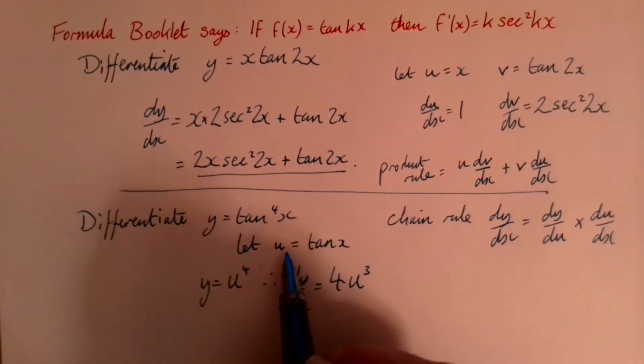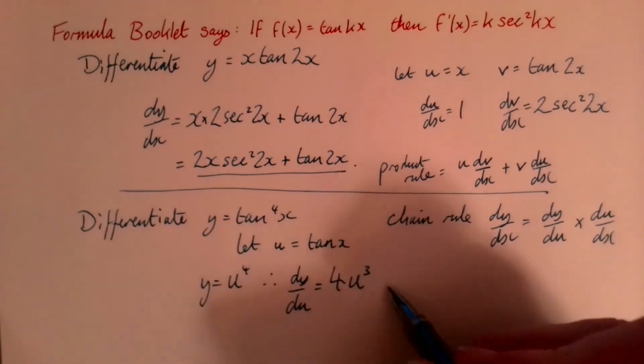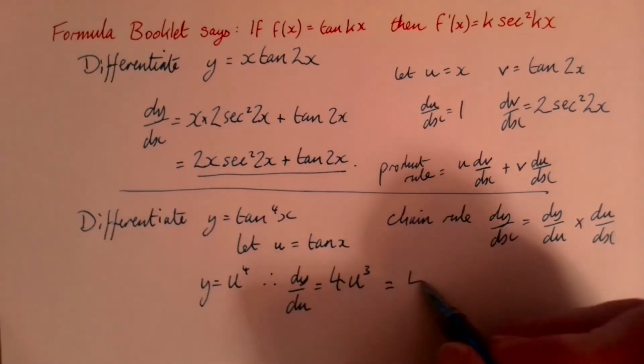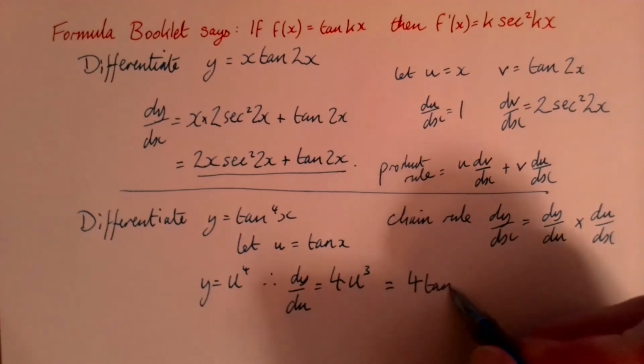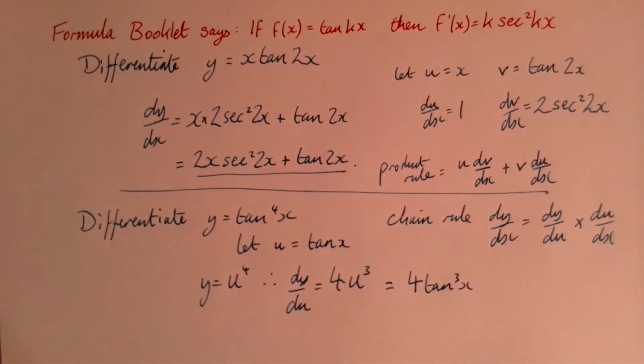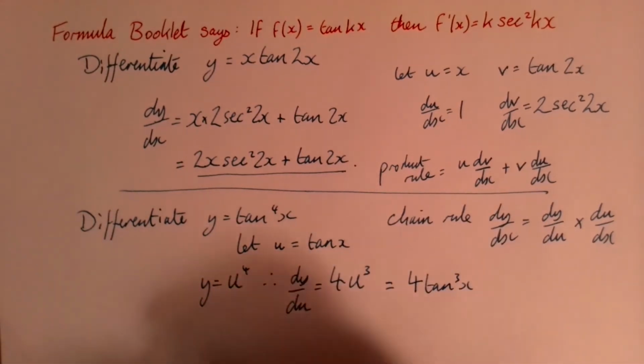Now that we know that, substituting the u back in there, we can say it's 4 tan cubed x. So that's our dy du.